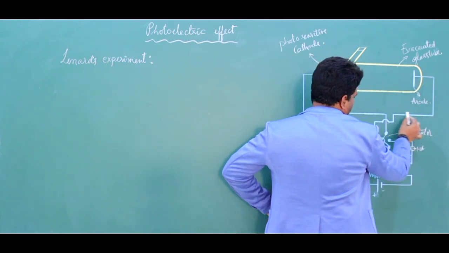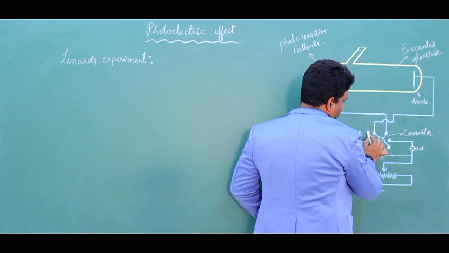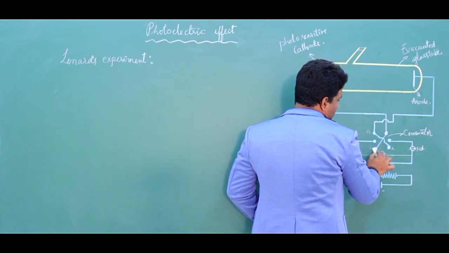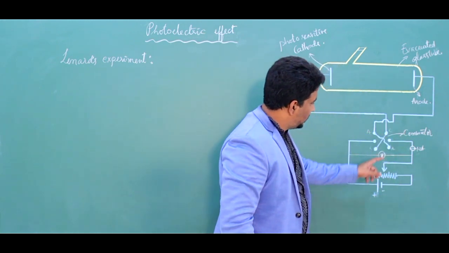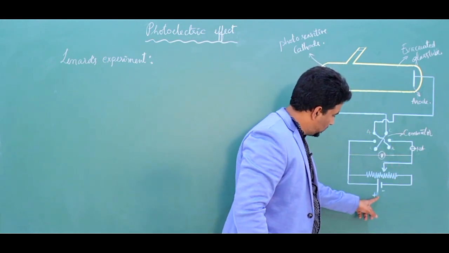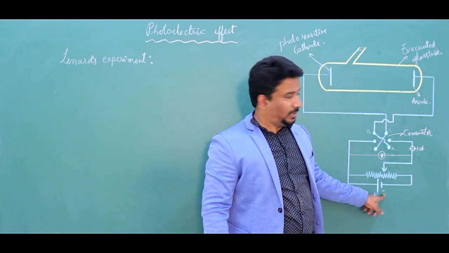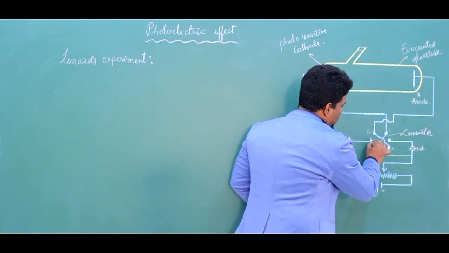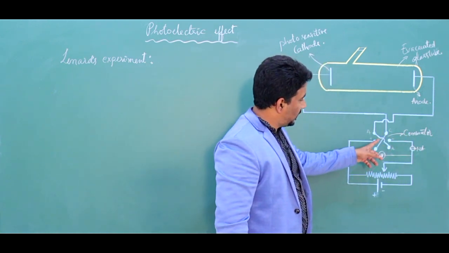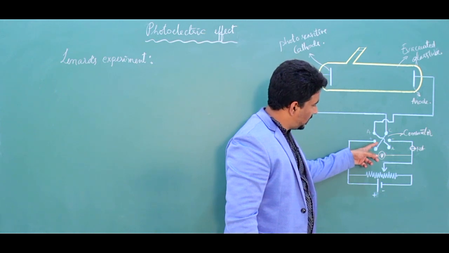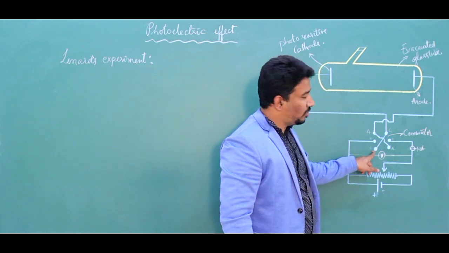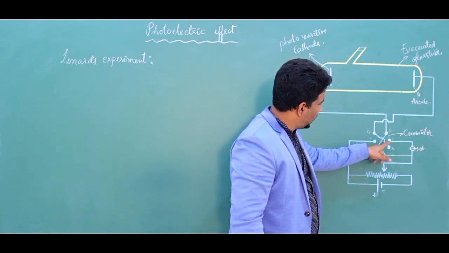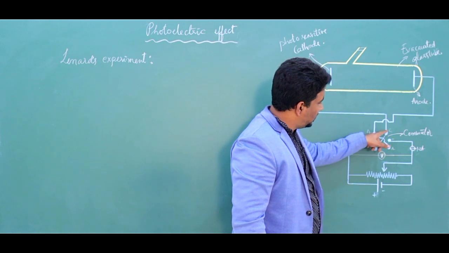Look here, this wire is the anode's wire, and this wire is the cathode's wire. This is the positive terminal, this is the negative terminal. If we connect this terminal to this terminal, what happens? The cathode becomes positive. If we connect this terminal with this terminal, what happens?